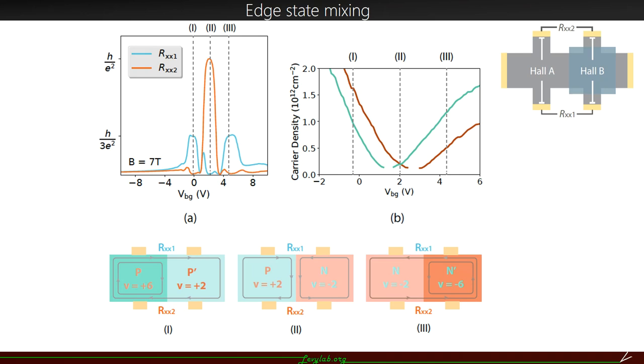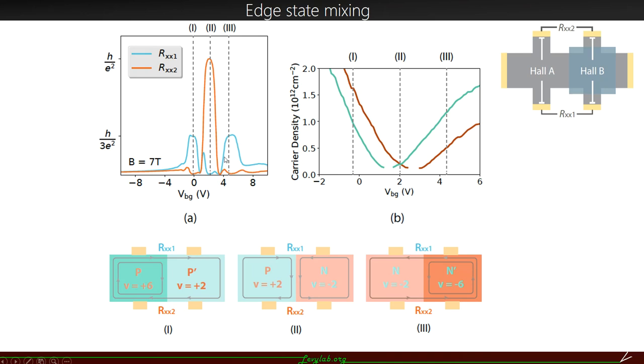And when we sweep the backgate from negative 10 volts to positive 10 volts, the carrier type in these two regions might transition from unipolar to bipolar and then unipolar again. And in the bipolar region, the mixing of the edge states will produce a quantized conductance at 3e²/h over 3e²/h.